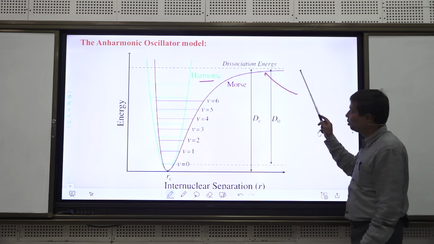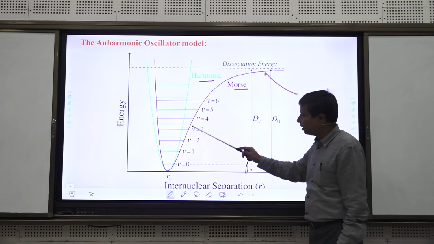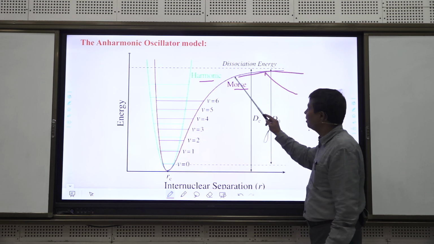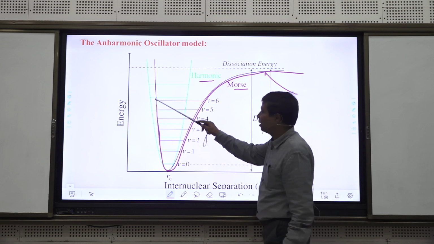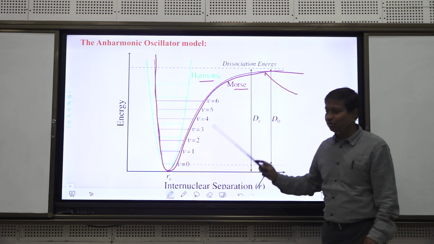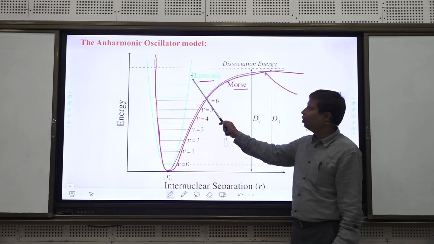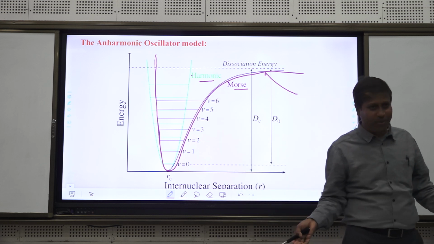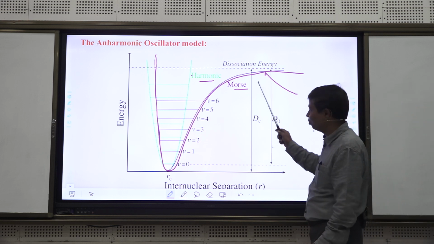So what Morse did is that he empirically gave an equation which satisfies this curve. Okay, this is the curve. So what is the difference between the harmonic and anharmonic? The biggest difference is that in the harmonic case there is no bond breaking, which we should have.